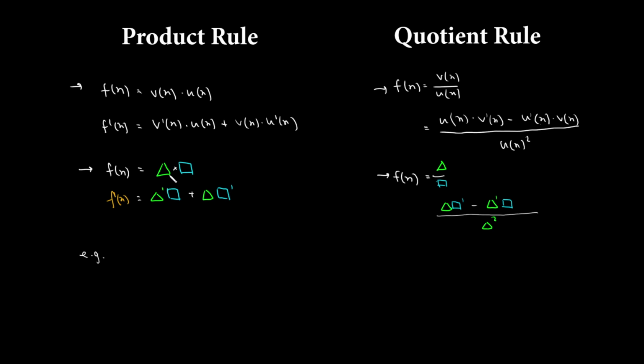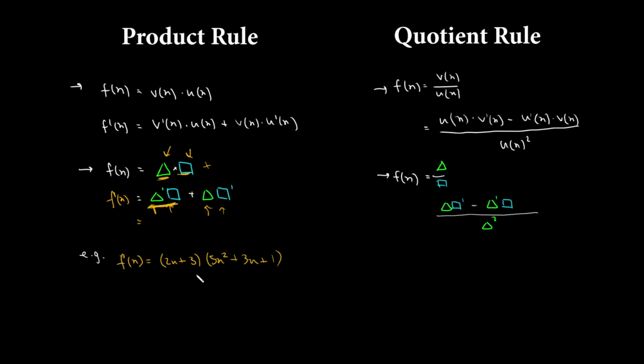Basically, you can see this as taking turns deriving one and then the other and adding them together. So it's like you derive this one and leave the other, and then you plus derive this one and leave the other, basically. And that's how I like to remember it.